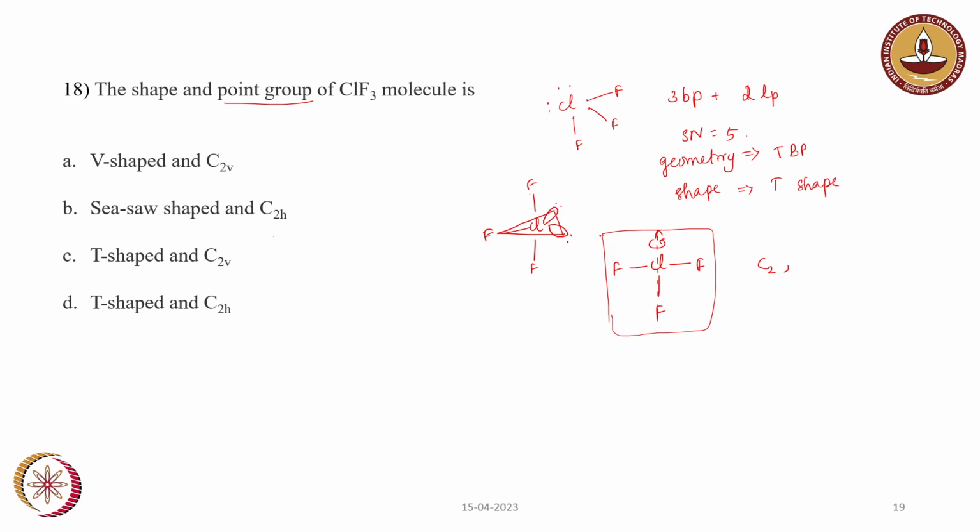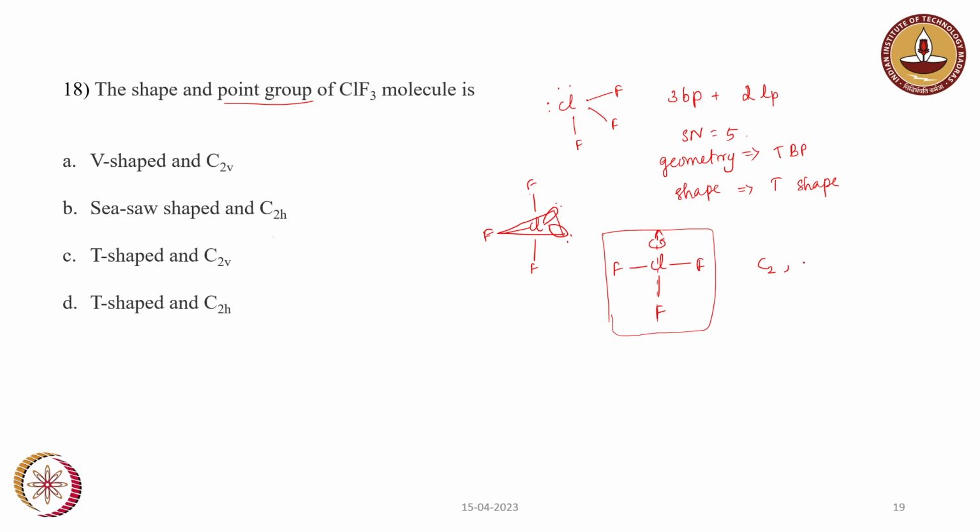If we place a mirror slicing through the middle of this molecule, it will reflect all the elements, so it will not change its positions.